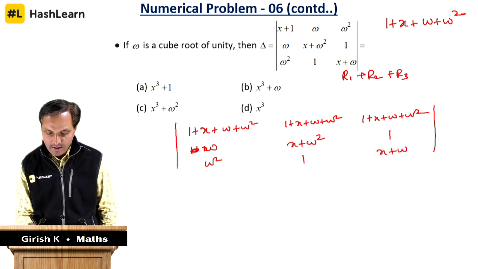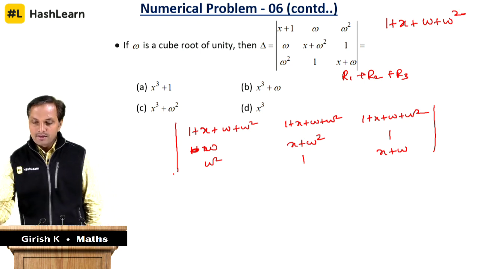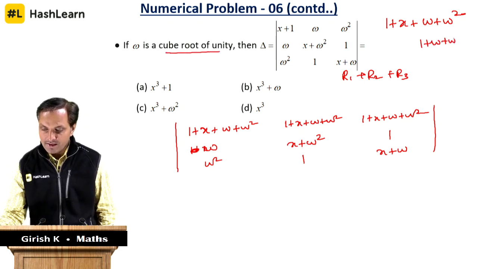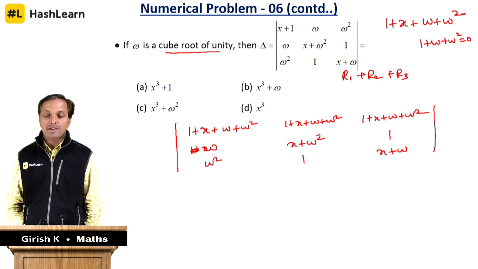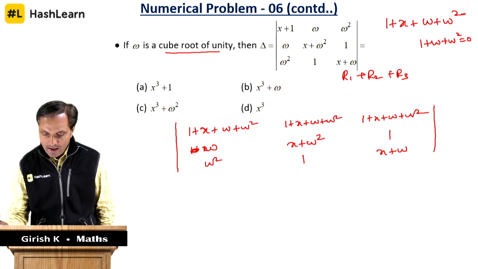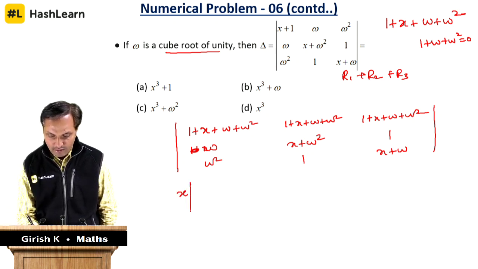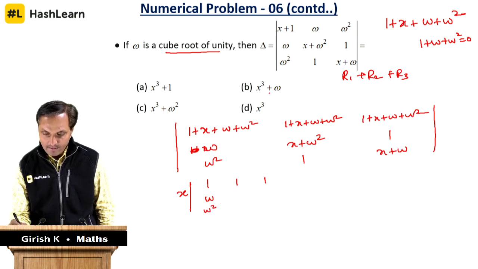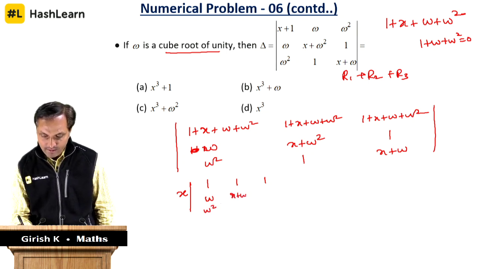This is the determinant. You know that for cube roots of unity, 1 plus omega square is 0. So if you use 0 here and take x outside, you will be left with only 1 here. I am taking x outside, and omega here and omega square here, x plus omega square here and 1 and x plus omega.